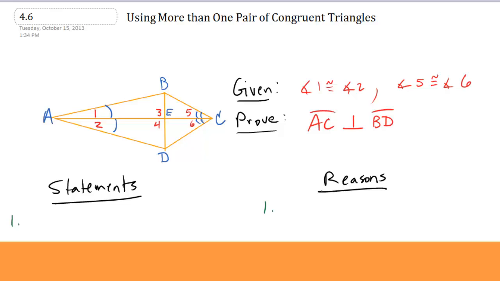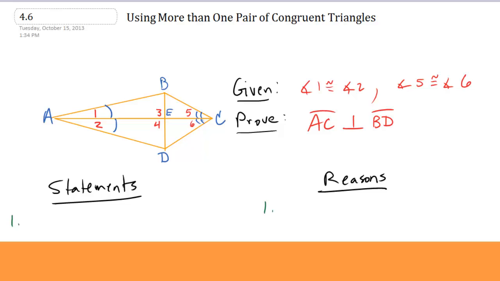So I want to show now that angle 3 equals angle 4, and that will get me my perpendicular lines. Well, how could I show angle 3 equals angle 4? I can do that if I can show that angle 3 and angle 4 are somehow corresponding parts of some pair of congruent triangles.